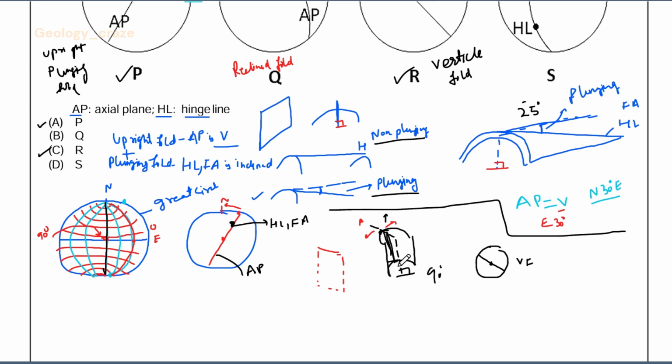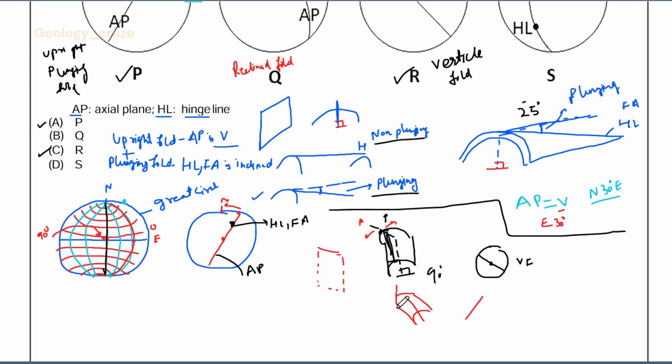You can tilt either this side or this side. Now our axial plane is getting tilted either this way or this way. So now our fold is like this.